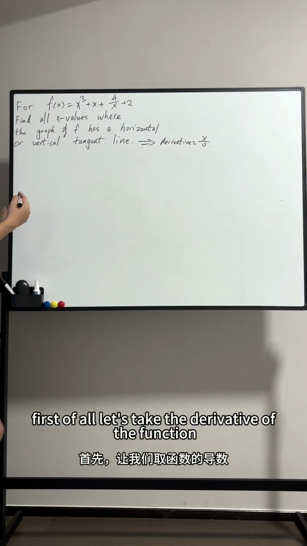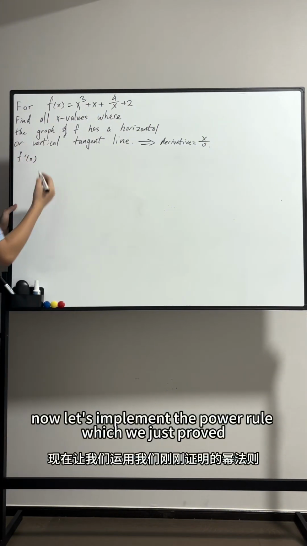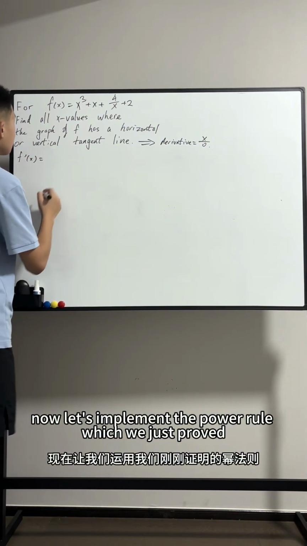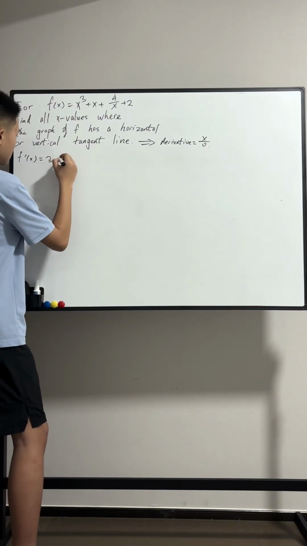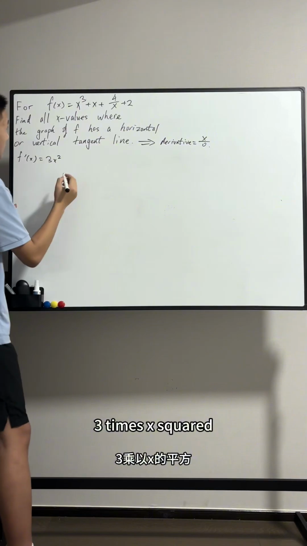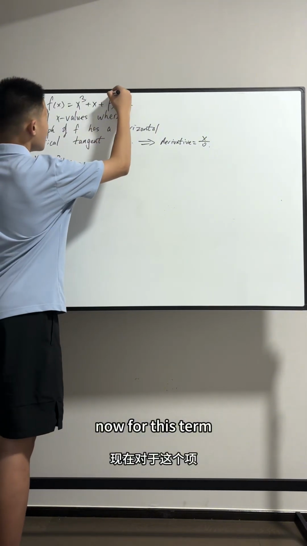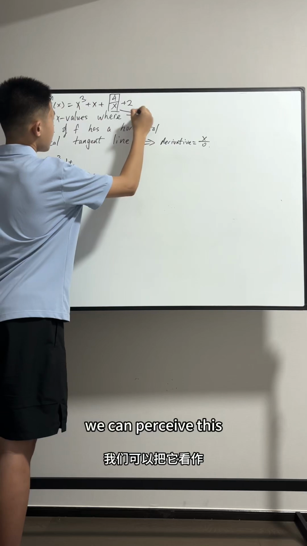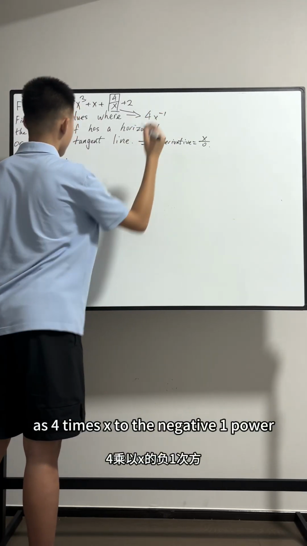First of all, let's take the derivative of the function. Now let's implement the power rule, which we just proved. So this is x times 3 times x squared plus 1 plus... Now, for this term, we can perceive this as 4 times x to the negative 1 power.